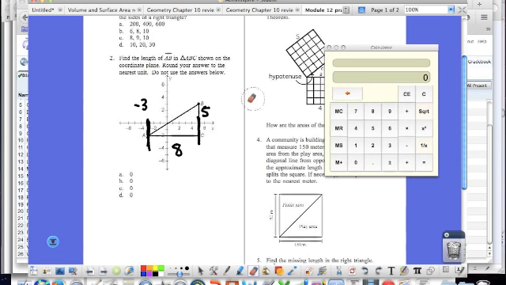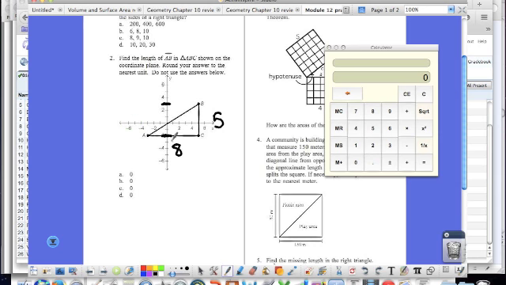And then I'm going to do the same thing over here. This goes as far down as -2, right? And as far up as 3. What is the distance from -2 to 3? 5.